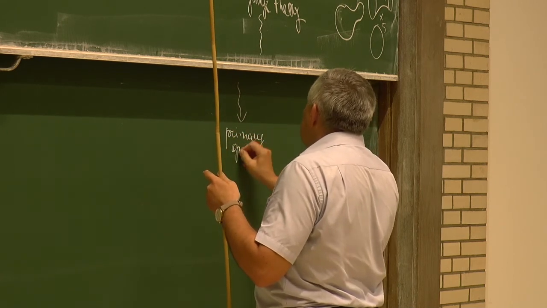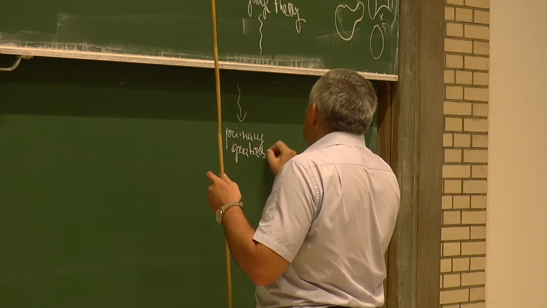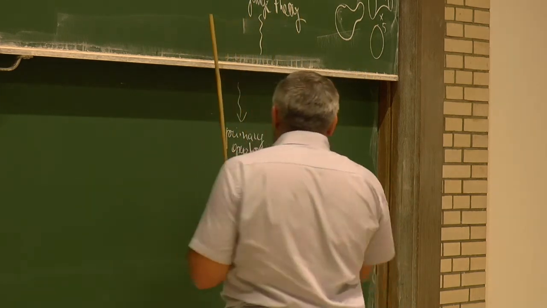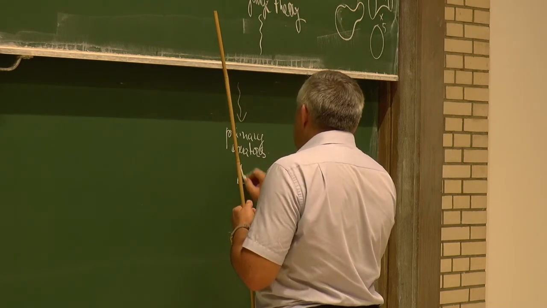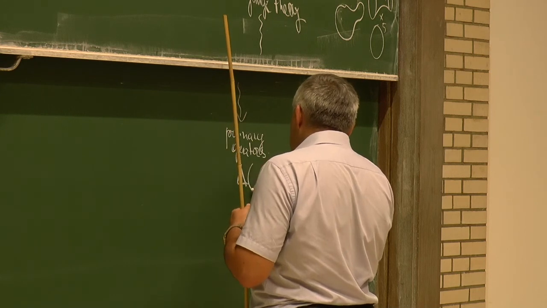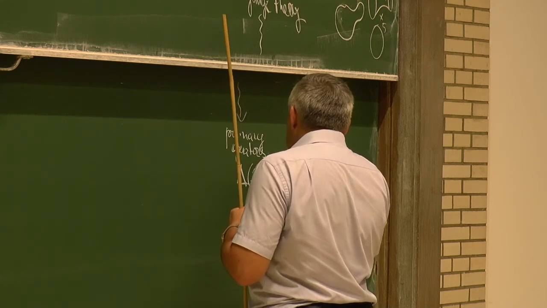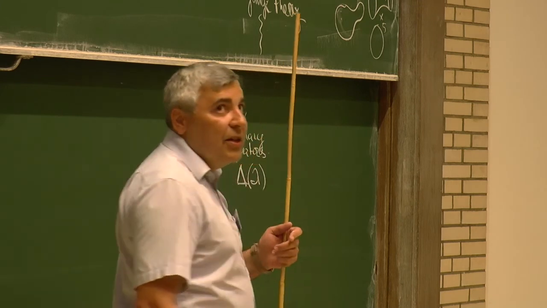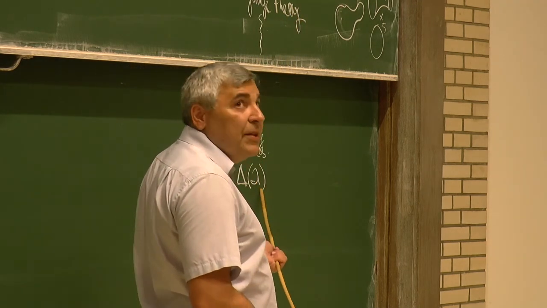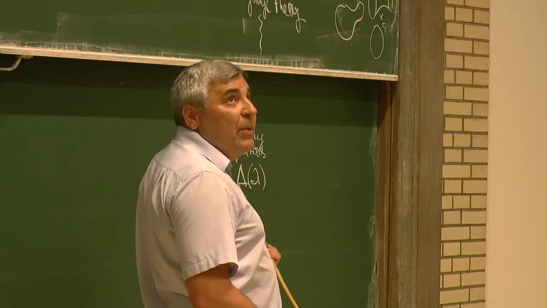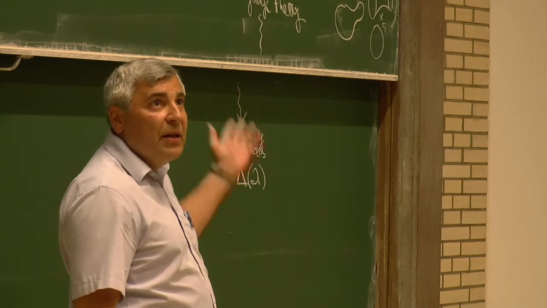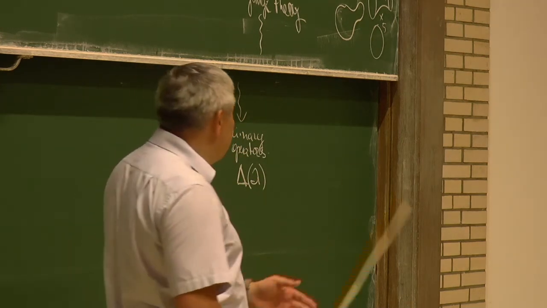Primary operators are characterized, in particular, by the spectrum of anomalous or scaling dimensions, depending on the coupling constant. In the planar limit, there is only one coupling, and this is the 't Hooft coupling. So dimensions of primary operators as functions of the 't Hooft coupling, this is what I'm interested in. They constitute the spectrum.